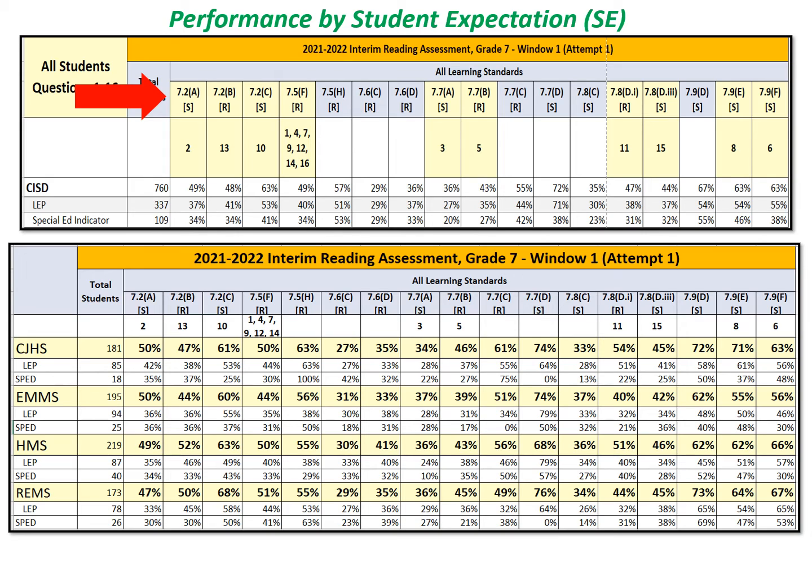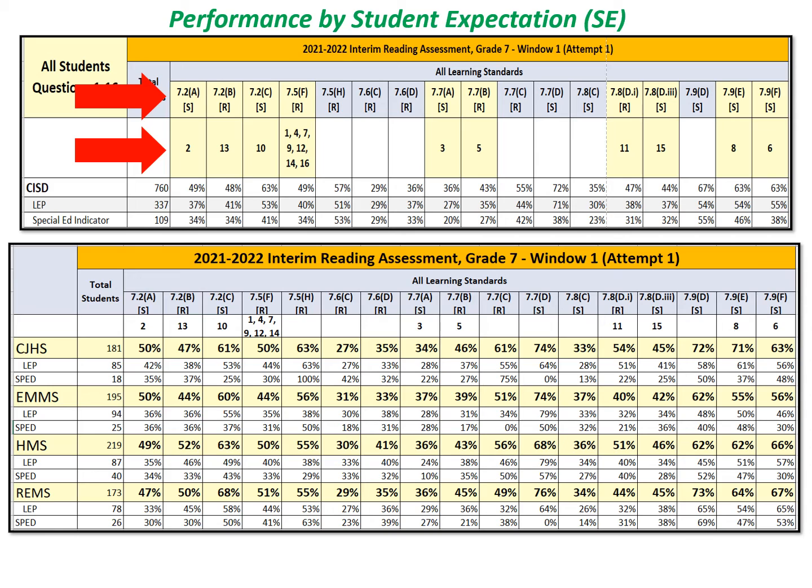What is on the first set of data is what SEs were tested for all students in questions 1 through 16. Underneath the SE, you will see the question number, and again, we're only looking right now at the 16 questions that all students took.